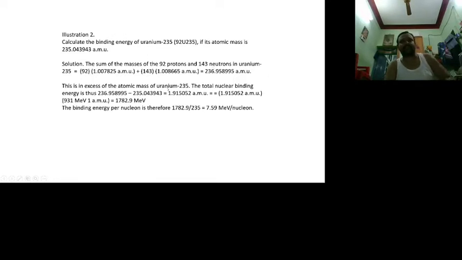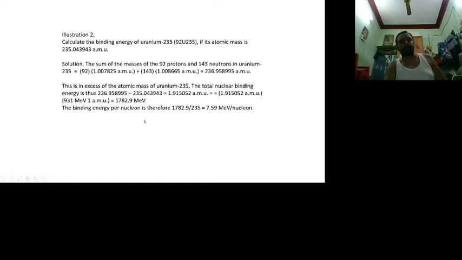Such mass is converted into energy according to Einstein's mass-energy equivalence. The difference in atomic mass units should be converted into million electron volts. This is the overall binding energy of your nucleus. The uranium nucleus has 235 nucleons, a combination of protons and neutrons.